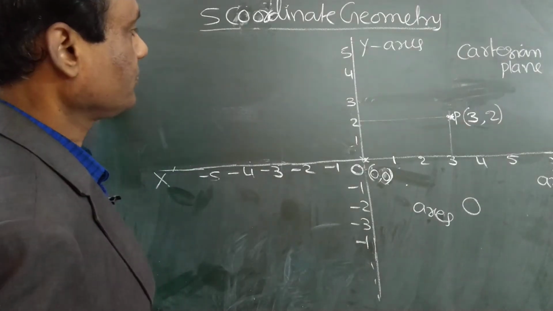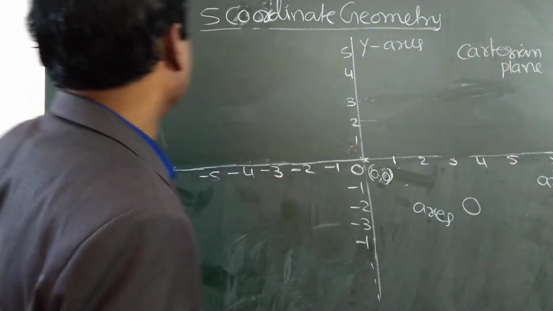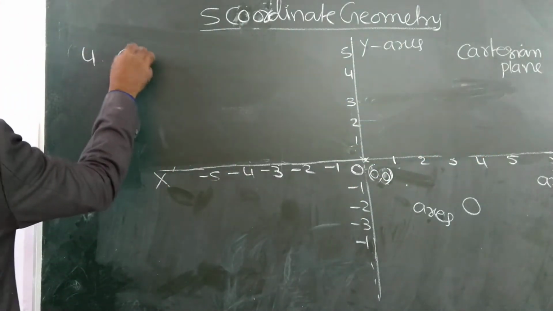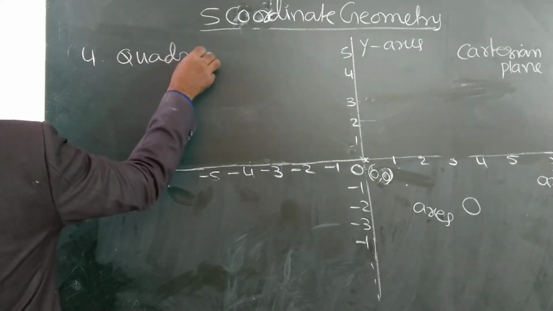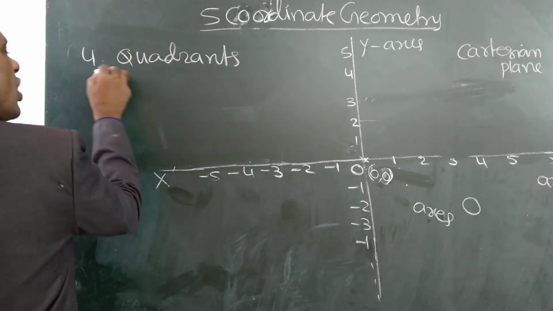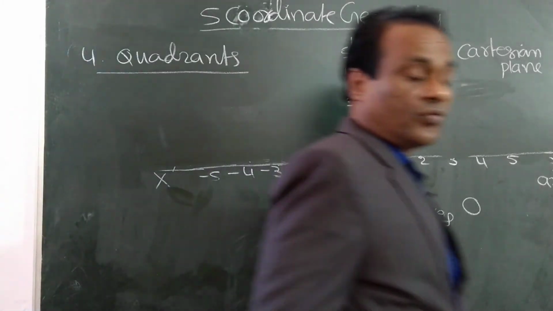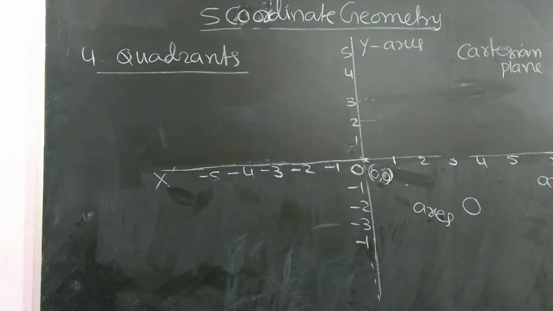Next, fourth point. Quadrants. Write down. Fourth point, you write down quadrants.